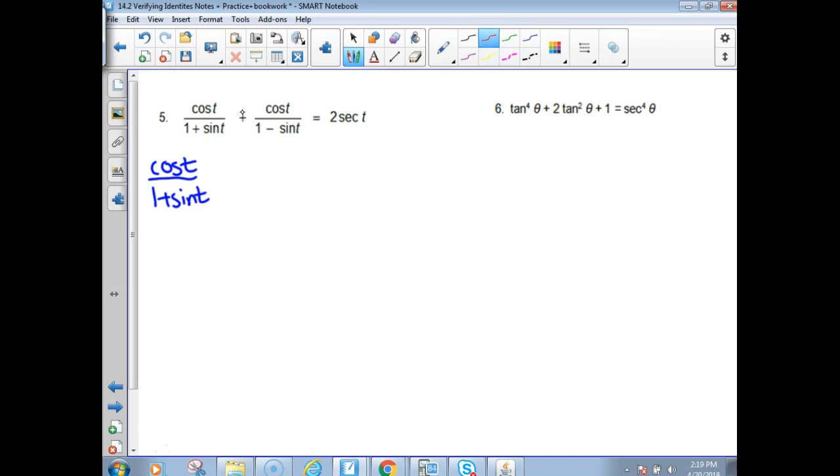The first fraction I need to multiply by 1 minus sine t, top and bottom. I'm going to next write the second fraction. I have to multiply it, top and bottom, by 1 plus sine t.